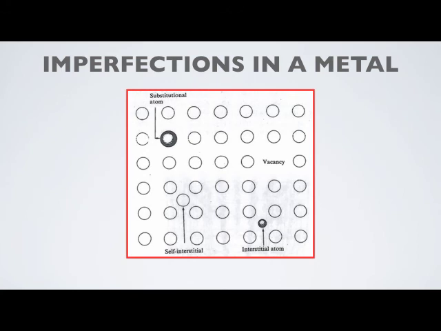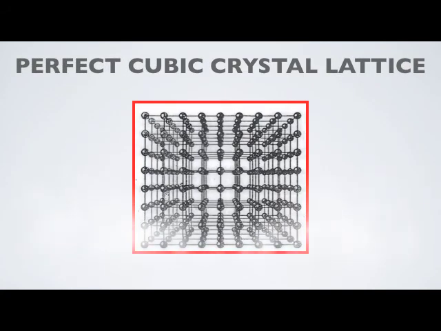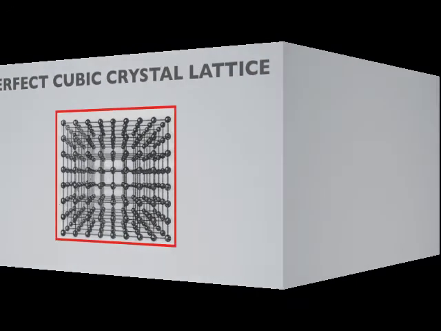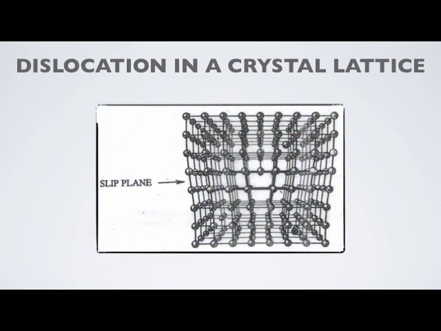We either have vacancies, a misalignment, or different types of substitutional atoms. So a perfect cubic crystal lattice should look like this: totally symmetrical, horizontally and vertically. But in reality, it is a bit misaligned, as the illustration shows.